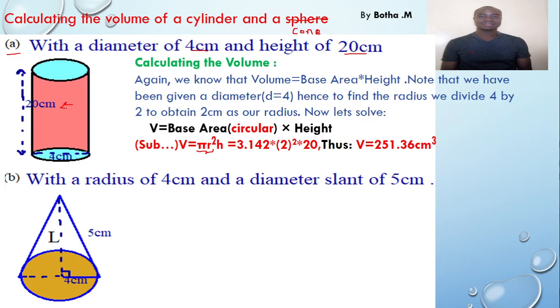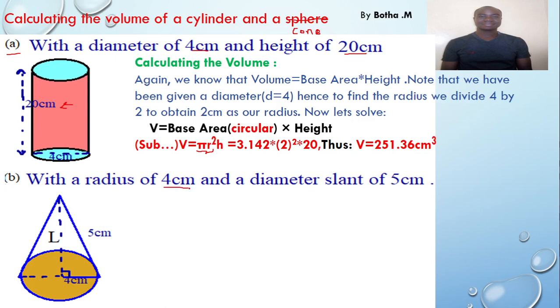If you use your calculator, we get volume equal to 251.36 centimeters cubed.